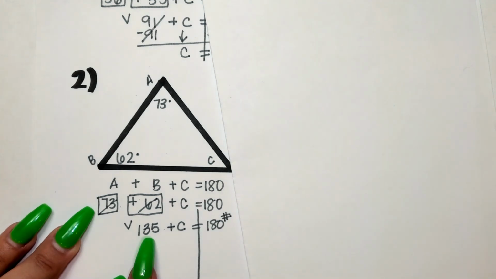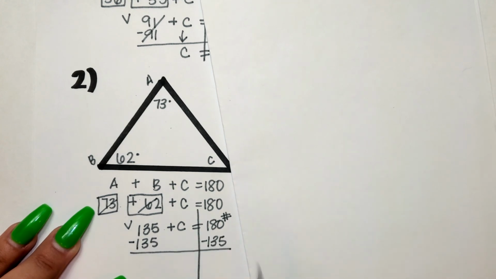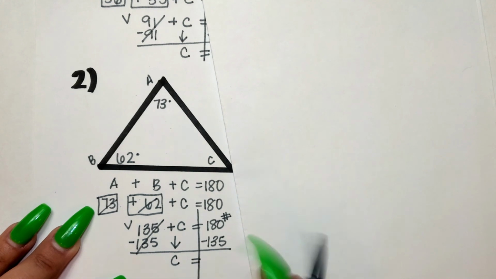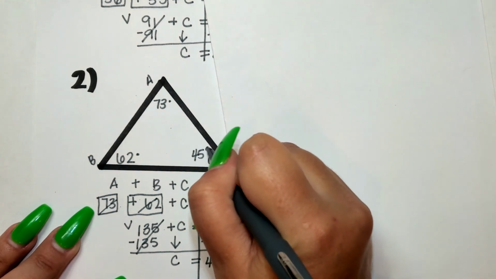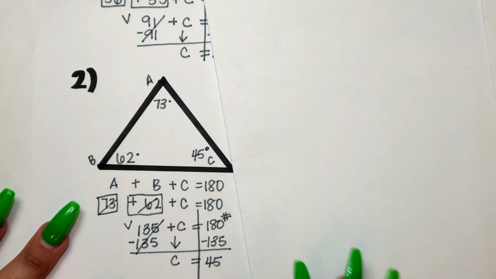So I want this 135 to be brought over to the number side. So I'm going to subtract 135 on both sides. These are going to cancel. I'm going to bring down the C, equals 180 minus 135 is 45. So that means my inside angle C is 45 degrees.